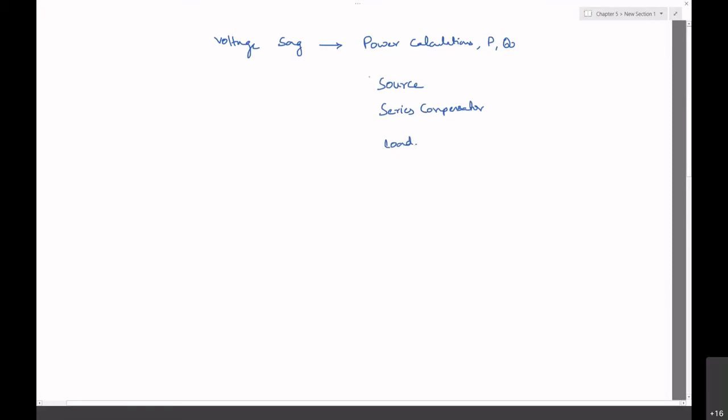With that we understood that the device used for the series active power filter should have a battery or even a capacitor. The capacitor has to be self-supported by an external source.